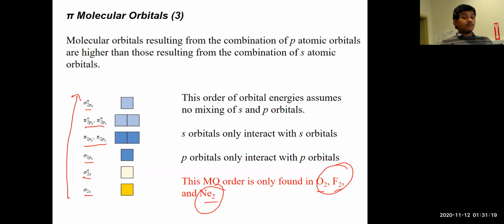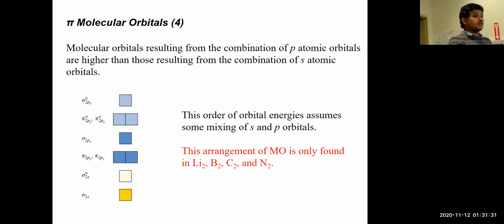So the pi orbital is kind of close to the sigma of the p orbital, which is kind of close to the s orbital of sigma. That's why it is this order. However, when you go to less electronegative elements like lithium, beryllium, carbon, and nitrogen, you will notice that the order changes.